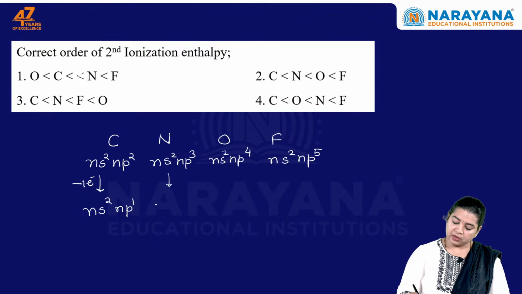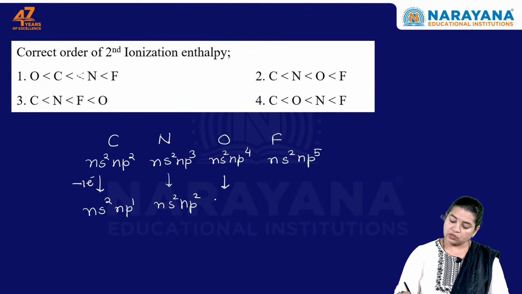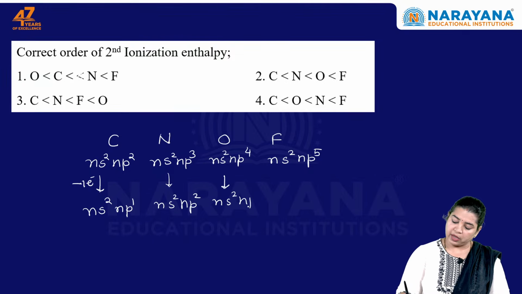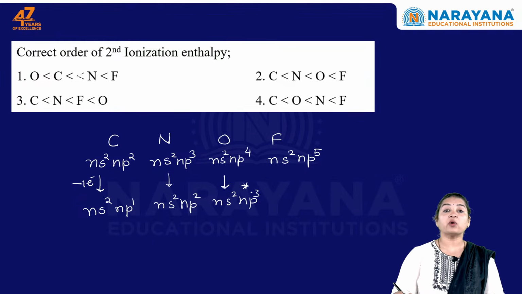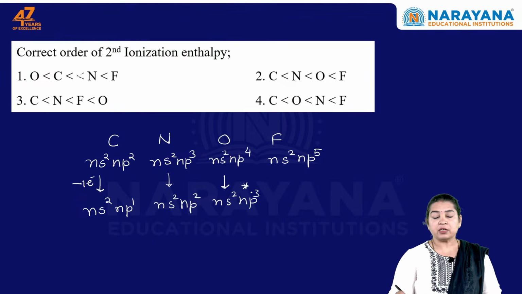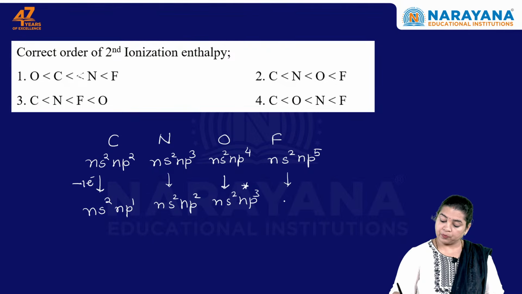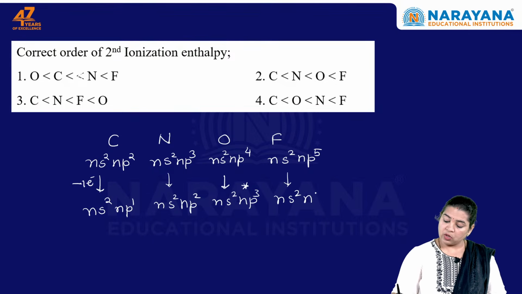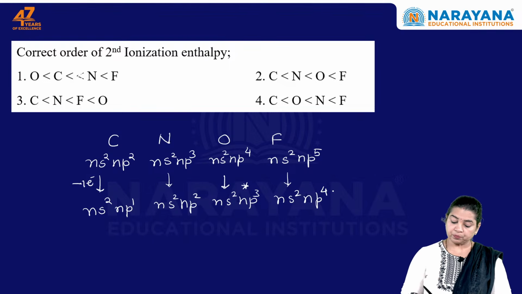Ns2Np1, right? Ns2Np2. This will become Ns2Np3 and I have to mark this as important because now it is half filled p orbitals, right? Ns2Np4.